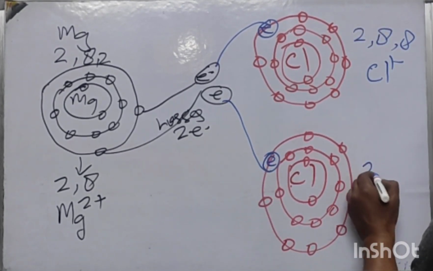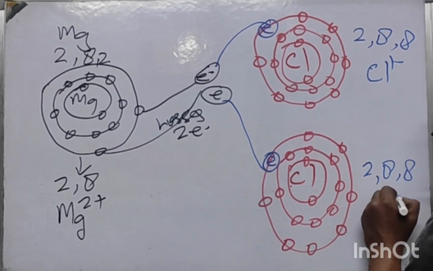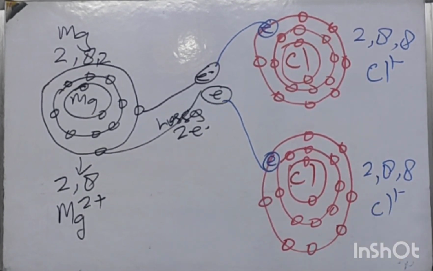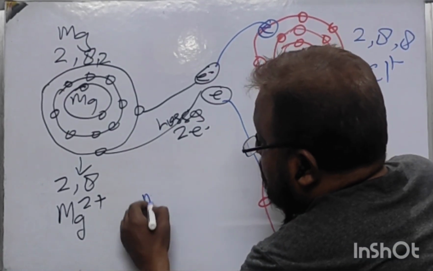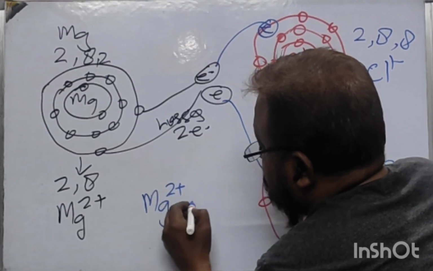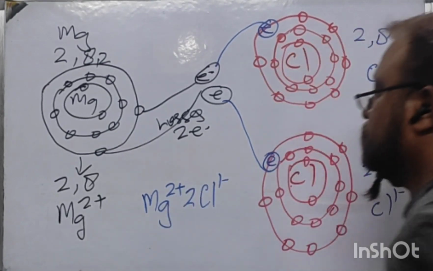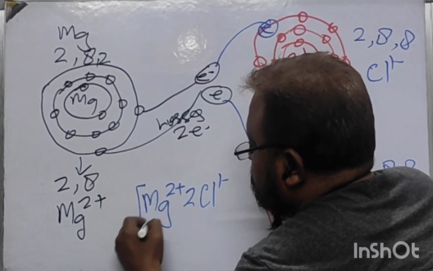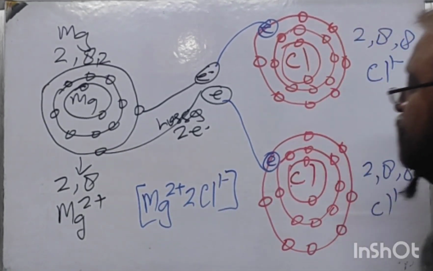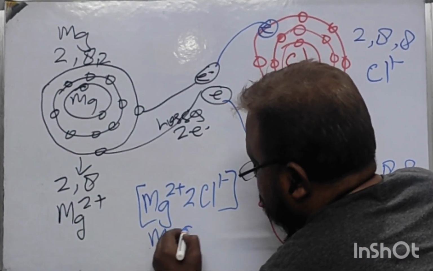It gets the electronic configuration of 2, 8, 8 and Cl1 minus. So now what happens? Now magnesium with 2 positive charge and 2Cl1 minus, right? This is an ionic compound which we read as MgCl2.